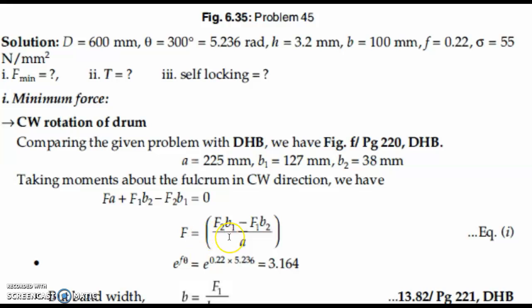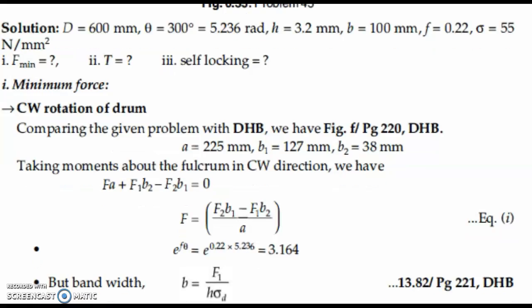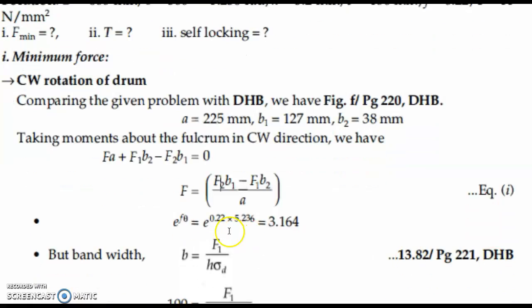In this case, if we solve this equation, we need F2 and F1. B1, B2, A are given values, but F2 and F1 are not. So we can find the values of F1 and F2 using the following conditions. Band width B is equal to F1 divided by (h into sigma).